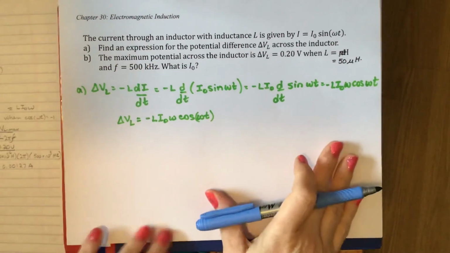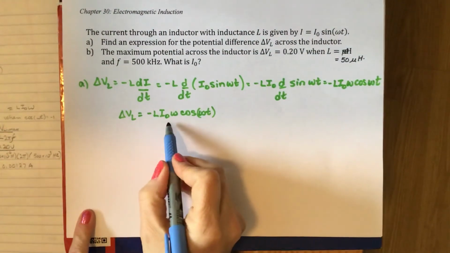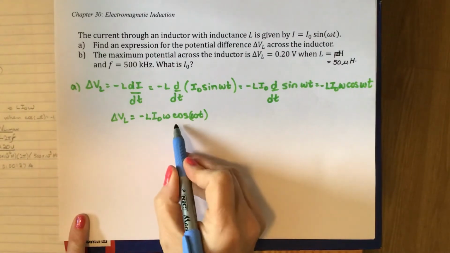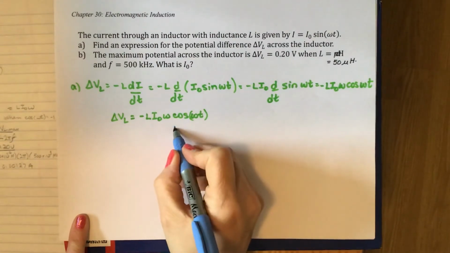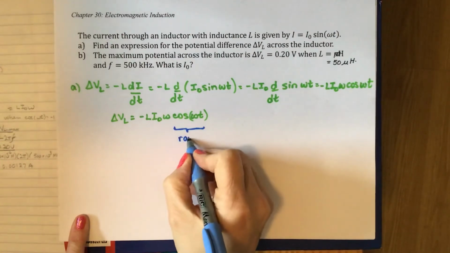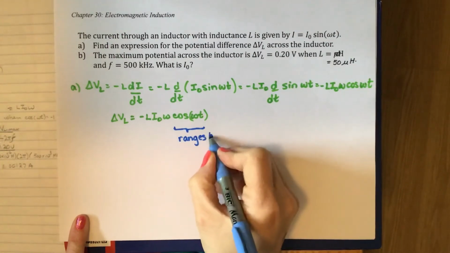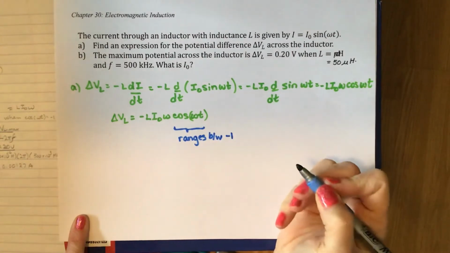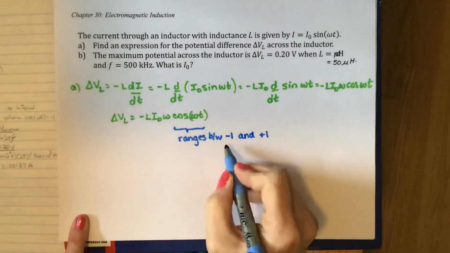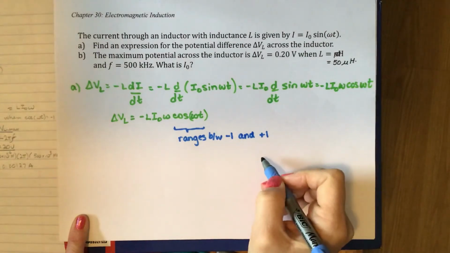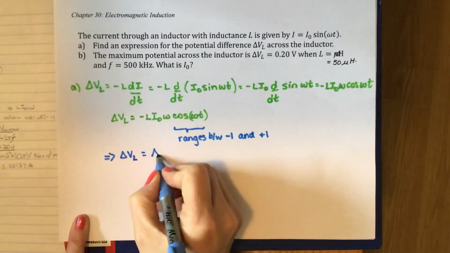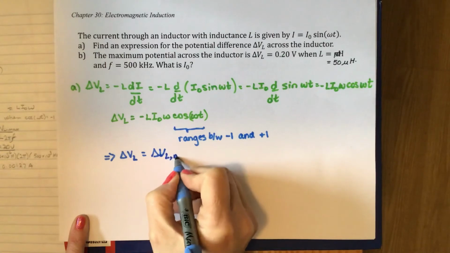So our expression for potential is minus L I0 omega cosine omega t. So our potential changes as a function of cosine. Cosine ranges between two values, minus 1 and plus 1. So cosine has a minimum value of minus 1 and a maximum value of plus 1. So delta VL equals delta V maximum.